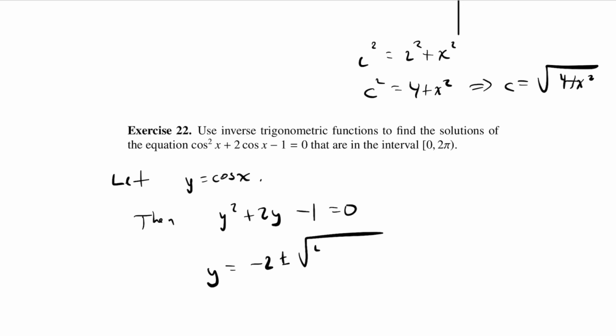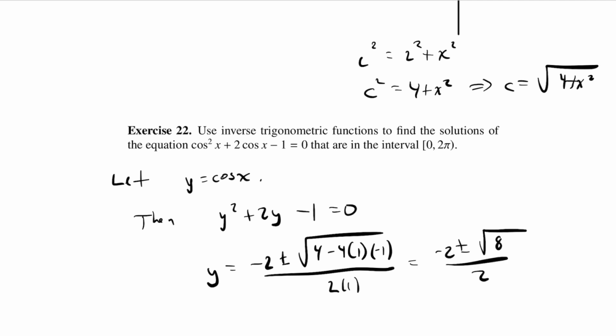So that's going to be negative 2 plus or minus the square root of 8 over 2. This is going to simplify to negative 2 plus or minus 2 radical 2. And now you can cancel these 2's out. You're going to get negative 1 plus or minus radical 2. Okay, so we have two solutions, negative 1 plus radical 2 and negative 1 minus radical 2.